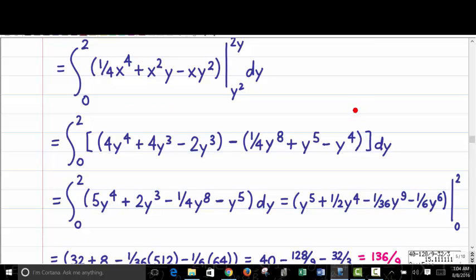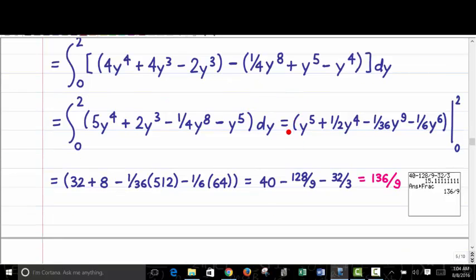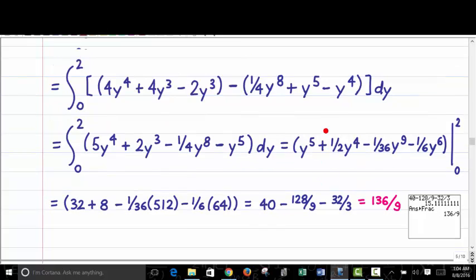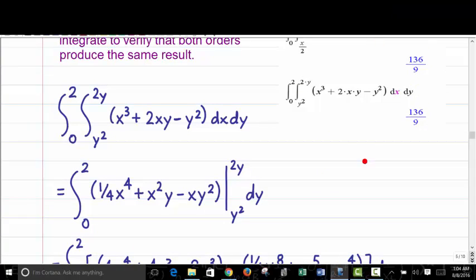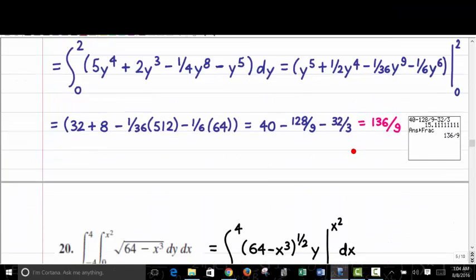But it's pretty straightforward. I find a lot of students in these problems, the mechanical part of this isn't too bad. It's kind of tedious, but I got 136/9 working it out the long way, so same thing as Maple got right there. Looks like I didn't do both, which I didn't need to. I just did dx dy.